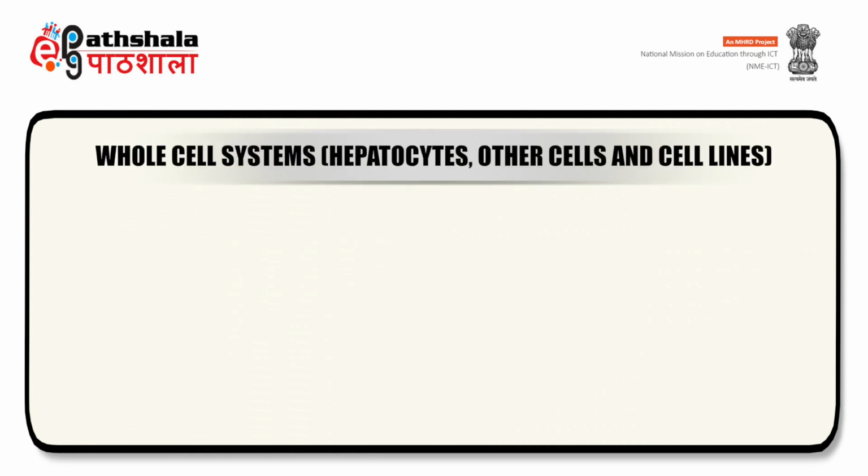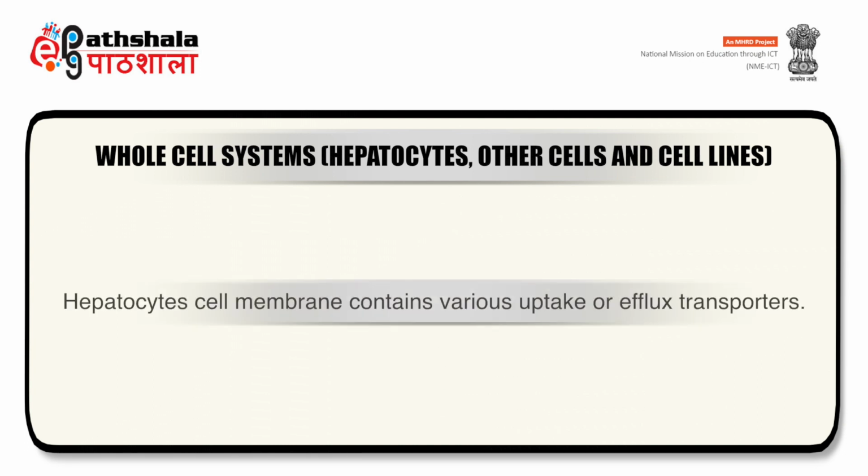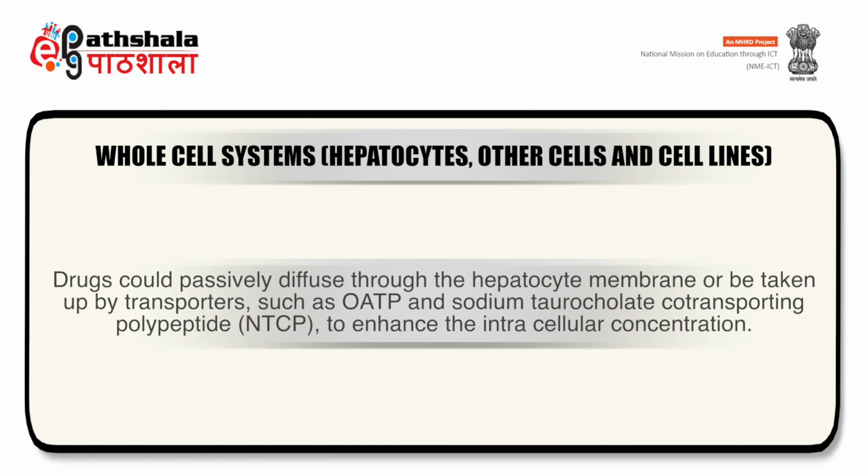Whole cell system. In this, hepatocytes, other cells and cell lines are considered. Hepatocytes are primary liver cells where drug metabolism occurs. Hepatocyte cell membranes contain various uptake or efflux transporters. A drug could passively diffuse through the hepatocyte membrane or be taken up by transporters such as OATP and sodium taurocholate cotransporting polypeptide, NTCP, to enhance the intracellular concentration.